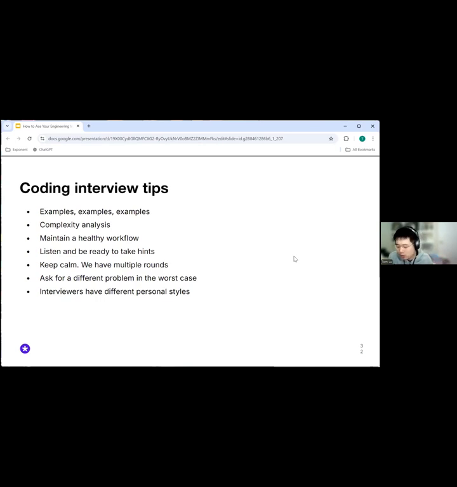You discuss your solution and proposal with your interviewer, and once you two have reached an agreement, you start implementation. After implementation, if there's more time, you can think about further optimizing your code. Listen and be ready to take hints.